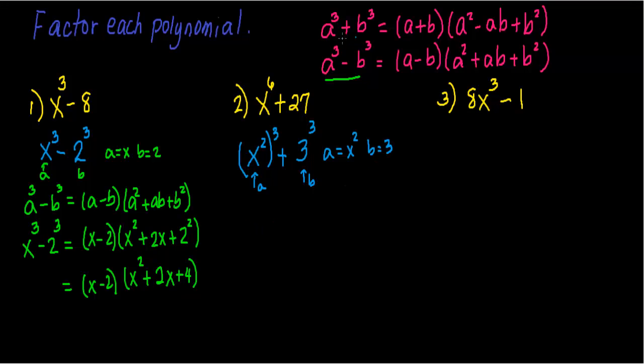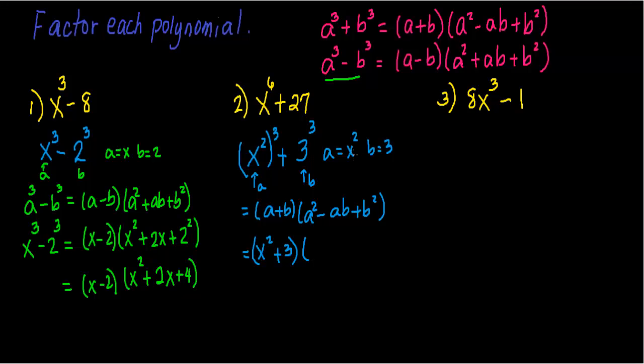Now let's use our sum of cubes formula. It says that this will equal A plus B times A squared minus A times B plus B squared. So let's plug in our A's and our B's. A is x squared, plus B, B is 3. That's my first term.